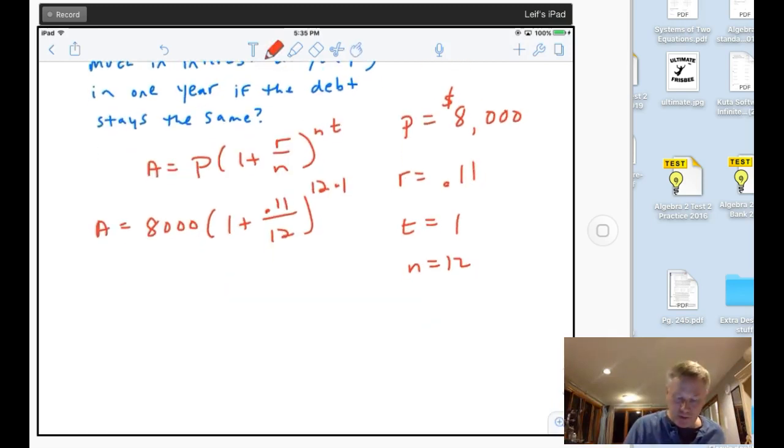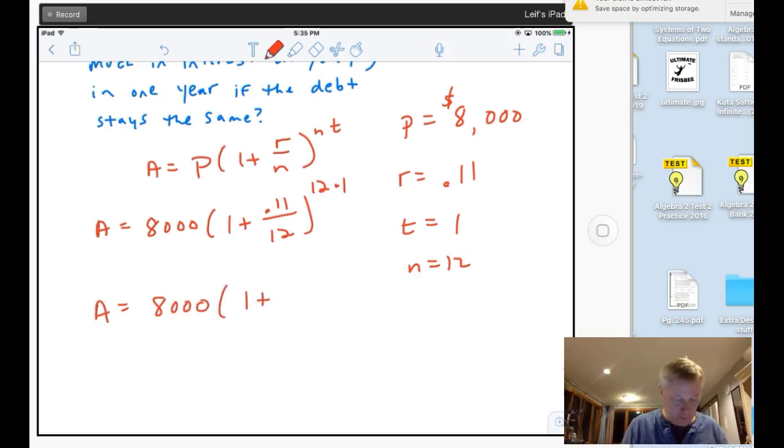All right, next you're punching that into your calculator, all right? So I got the 8,000, but I save that for last. So first I go 0.11 divided by 12, hit equals, and I got 8,000 times 1 plus 0.00916 repeating to the 12th power, then add the 1.